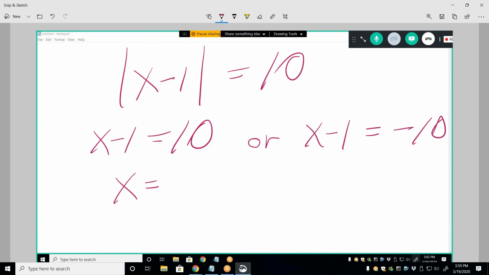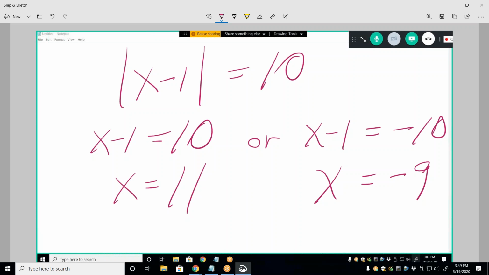Solve the first equation, what do you get? 9. How do you get rid of the negative 1? You add 1. What's 10 plus 1? 11. Now solve the second one. Negative 9. Good. And notice that both of those work.